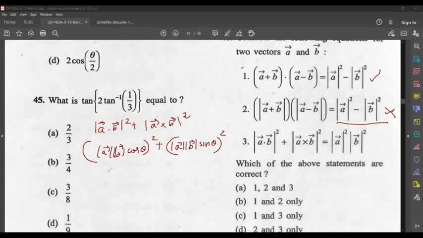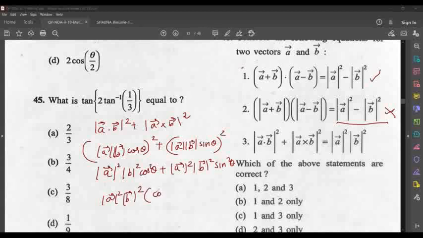If I take A square B square cos square theta plus A square B square sin square theta, then I can take A square B square common, times cos square theta plus sin square theta.